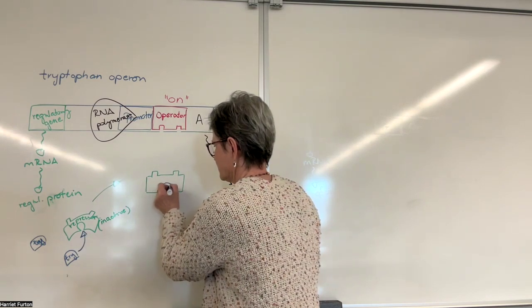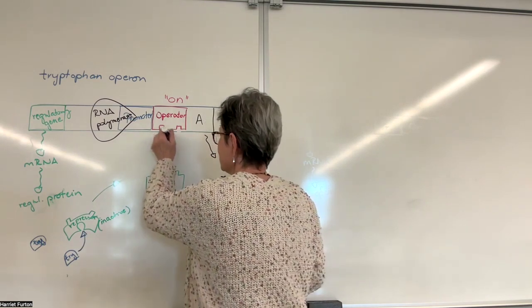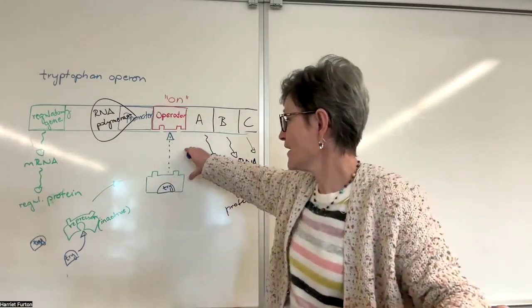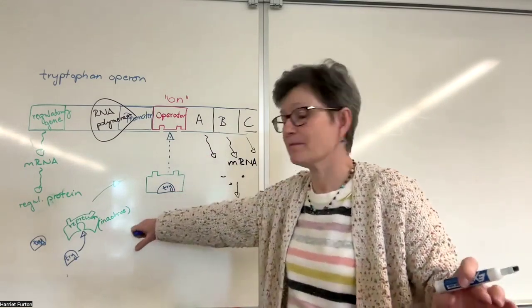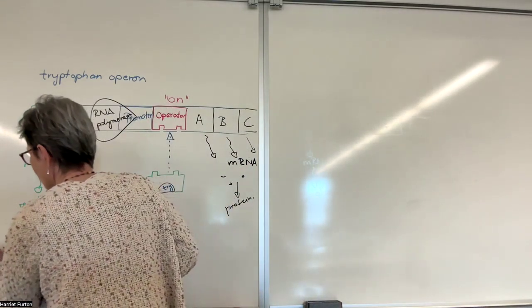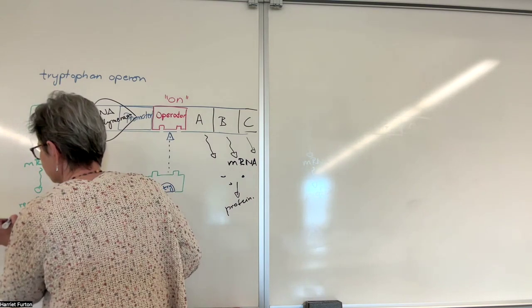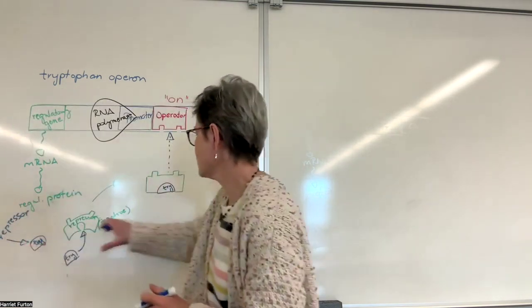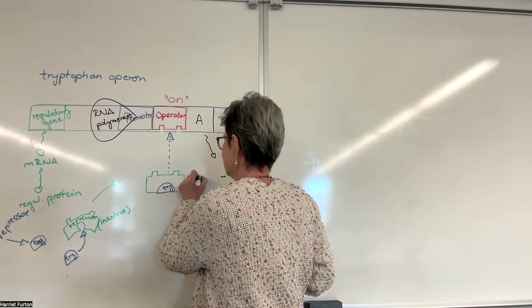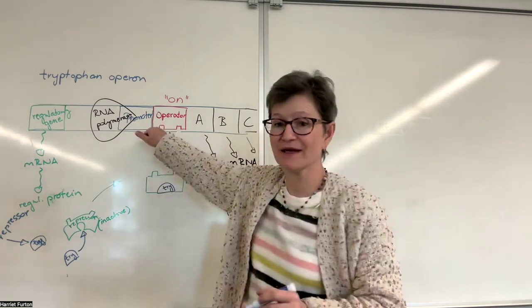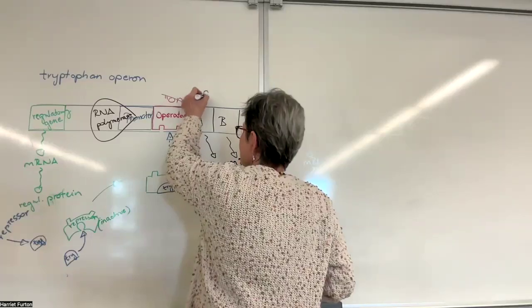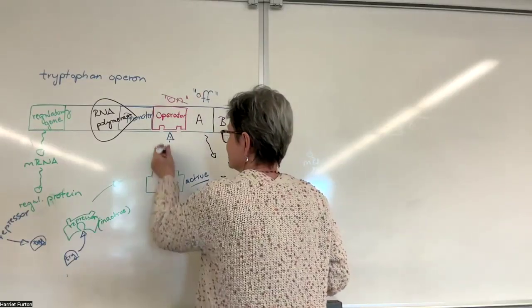This is a TRY. And right now, it's going to sit at the operator region. So when this repressor combines with the tryptophan, which we call a co-repressor, this co-repressor activates the repressor. So now this is active. And now the active repressor will sit at the operator region, and it's going to turn off the operator as it sits in here.